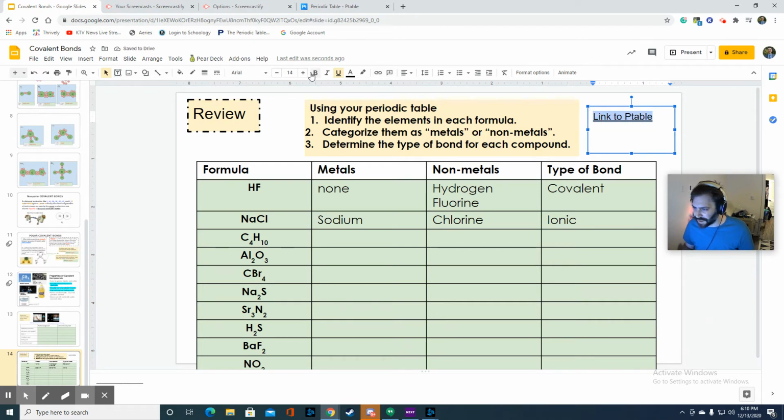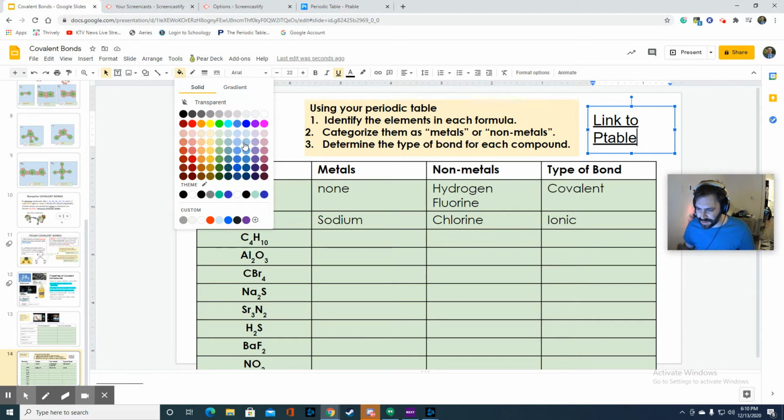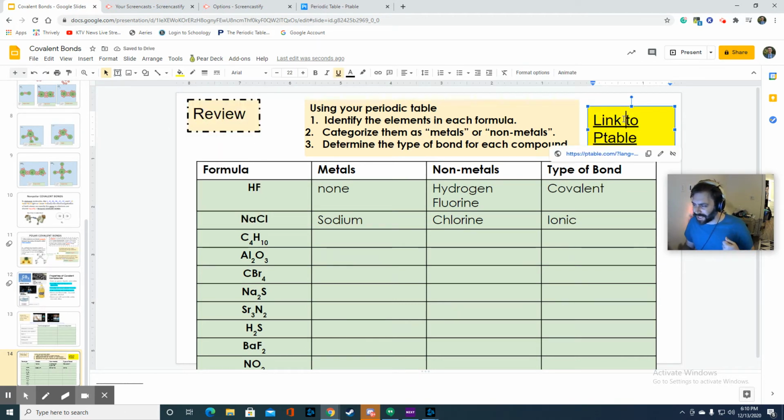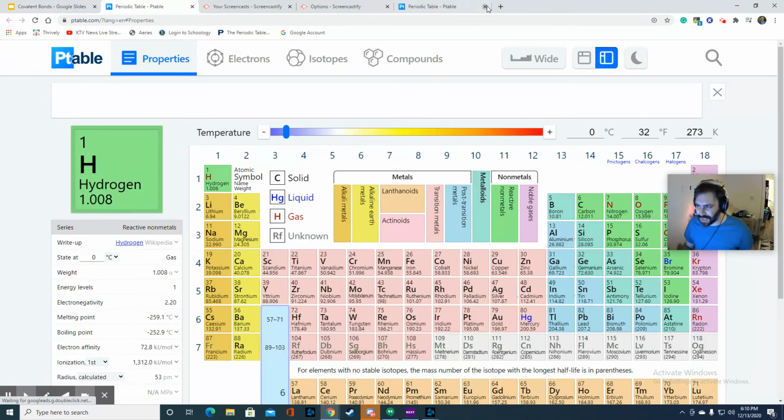Let me make it a little bigger. Can I make it way bigger? Yeah, really big so you can see it. Let's make this color nice purple. Can I do purple? No, that probably won't look nice. How about just yellow? There we go. All right, so link to P table. Let's click on that. Takes you to P table.